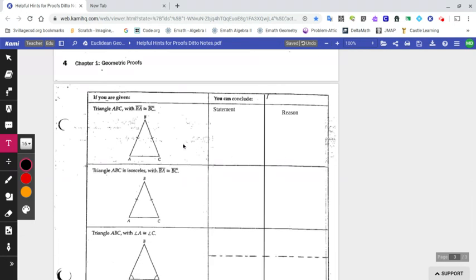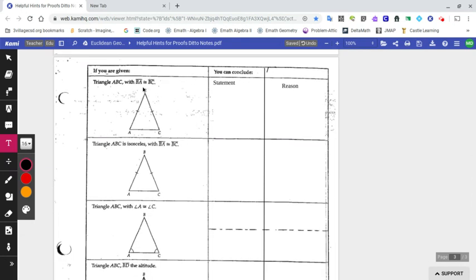So this one, triangle ABC, BA is marked here. So lots of times in the diagrams it'll already be marked. Here BA is congruent to BC. So what does that tell you? It tells you a couple of things.